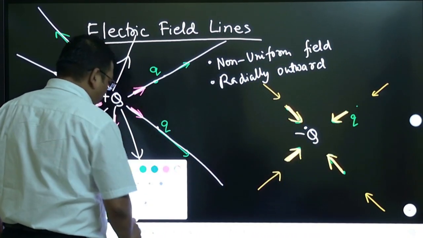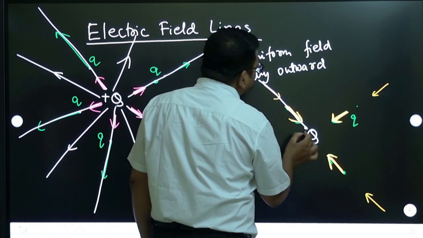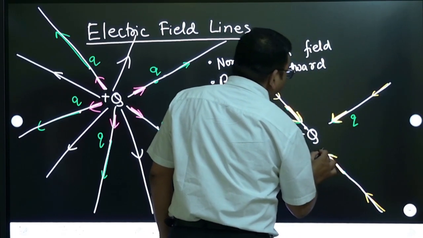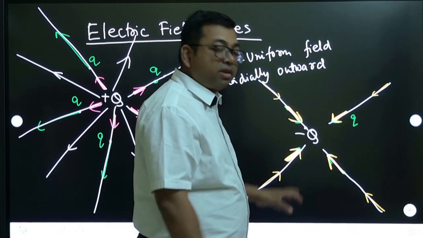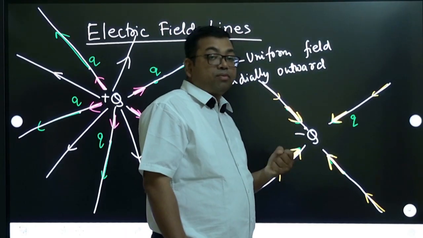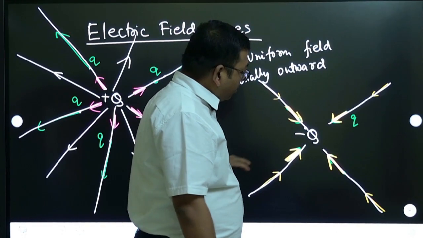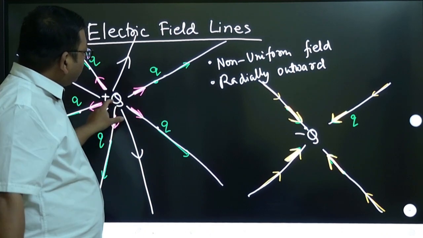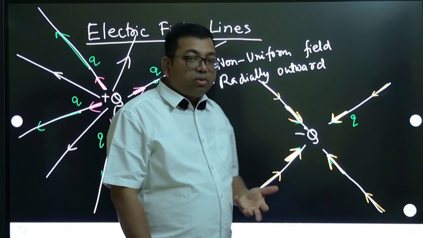You can also join them with a straight line to indicate this field, but you should note that the thickness of the field lines is not the same. Thickness represents the value of the field. So the nearby line becomes thicker and the line away becomes thinner. Here also, nearby it is thicker and away it is thinner, because it represents a non-uniform field.